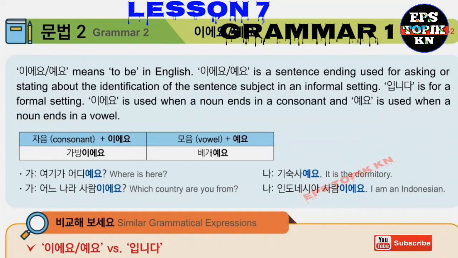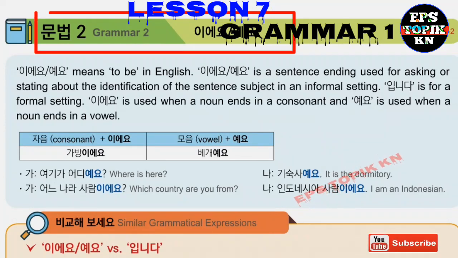Lesson 7, Grammar 2. We're going to learn another verb expression. It's like 입니다, and this is another form of the verb to be, but it's less formal.